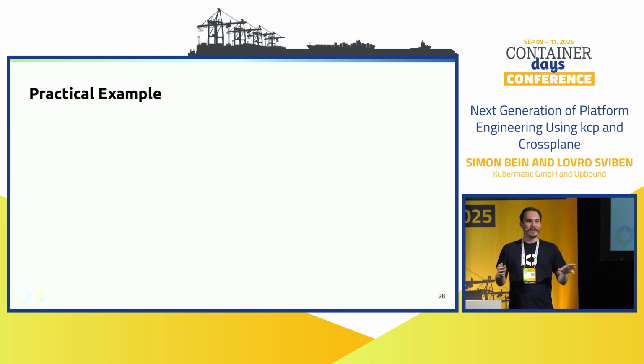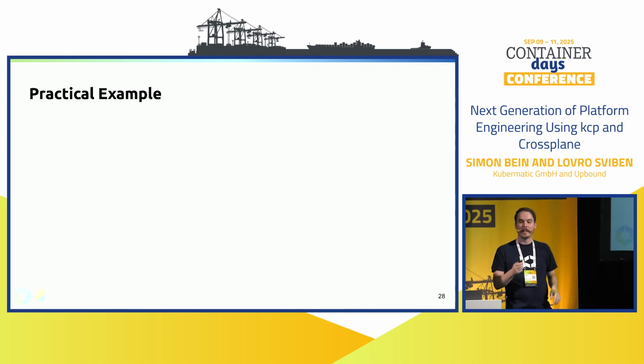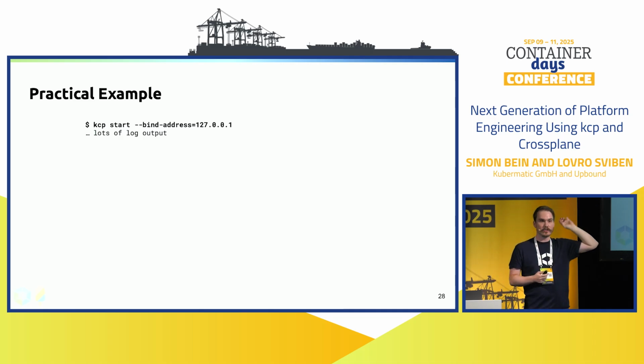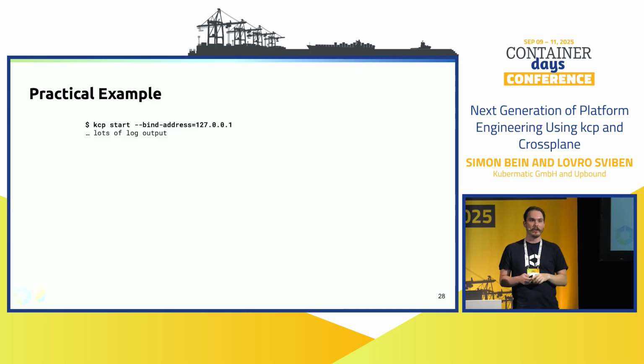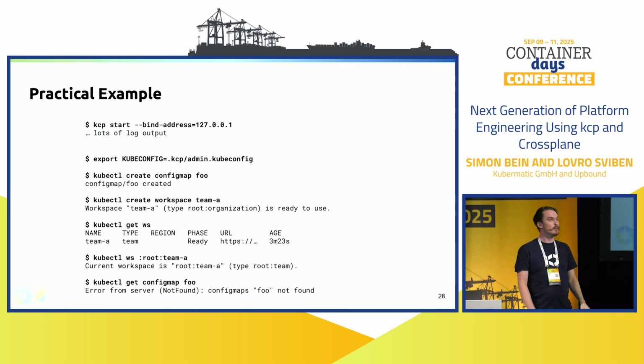Normally, I would show now a little mini demo, but because we have a larger demo planned at the end, you just have to trust me with everything that's on the slide. But what I want to show here, and it's important to me, is, KCP is a binary. You can just start it on your computer. It will start a web server that runs forever and logs out a lot of things. This command also creates a kubeconfig for you called admin kubeconfig and places it on your local file system.